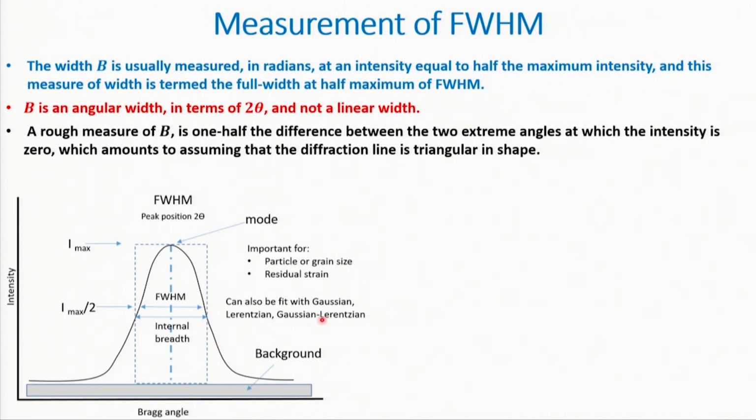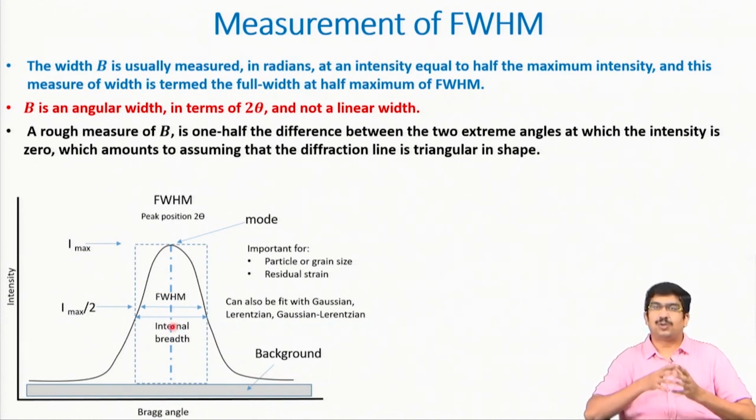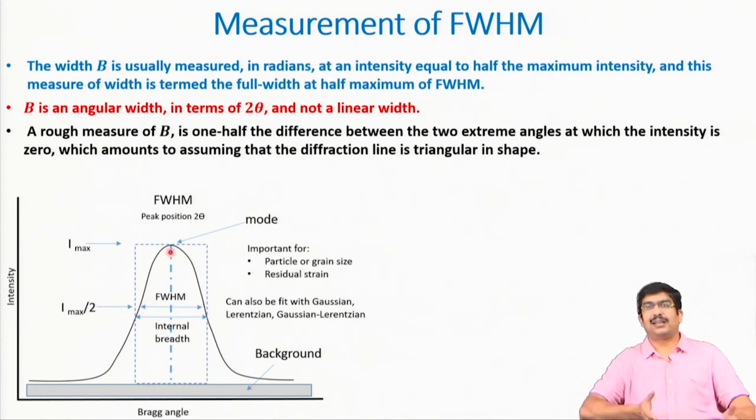Sometimes the peaks are Gaussian, sometimes they are Lorentzian, and you can fit them with Gaussian or Lorentzian; there are many other functions, such as pseudo-Voigt, that you can bring in to match the peaks. In the process of matching, you imagine different types of sources of this peak broadening, and the relative contributions of those. From there you can find out what exactly is causing this broadening, and you can extrapolate that to understand many other things.